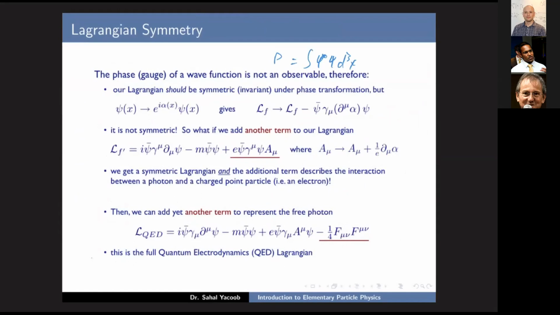If we do that, then when we change the phase of psi by some random amount depending on x, correspondingly A mu changes in this way, and we get the same Lagrangian out. So then we have an invariant Lagrangian.